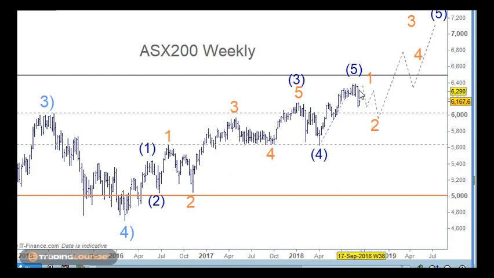So it is possible that we've got a top in here, but that wouldn't reflect what's occurring in the US indices, the European indices, and some of the other Asian indices as well, like India, for example. So there's something wrong with this wave count as such, and it's a little bit tricky to work out. It's not that we're going to miss much, because we can have tactics in place to capture things.